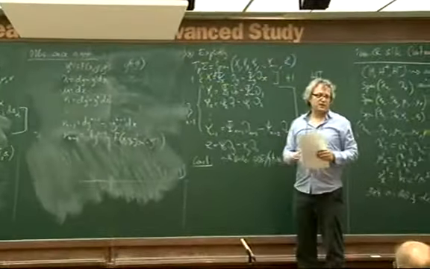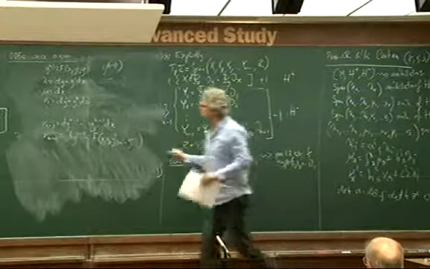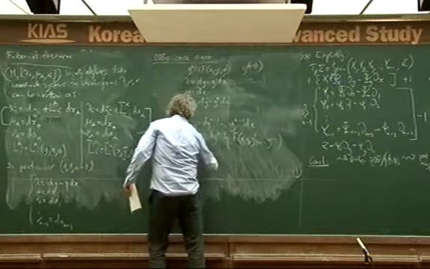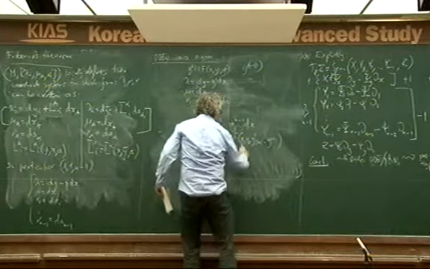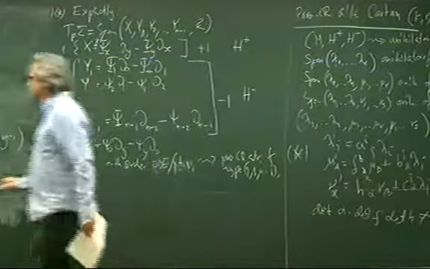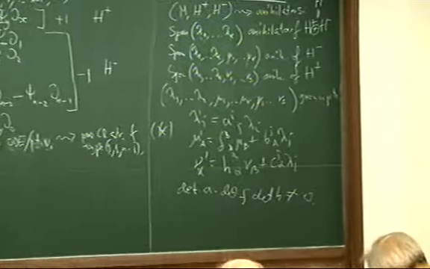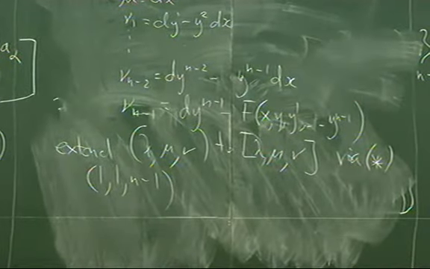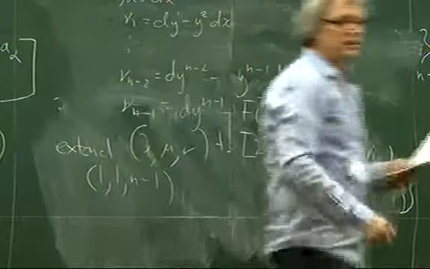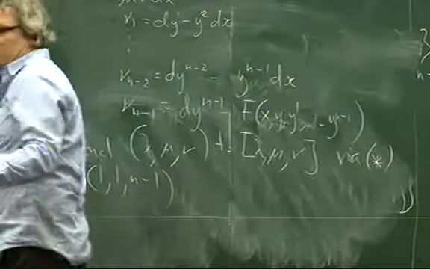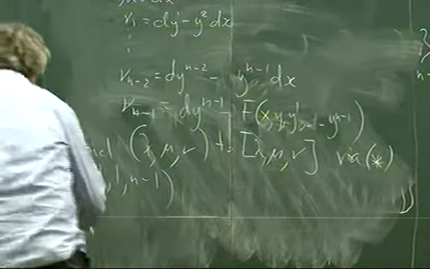So this defines, and now we extend lambda, mu, and nu to a class lambda, nu via this thing. And you will get a para-CR structure of type 1, 1, n minus 1, which I will call the canonical para-CR structure associated with an nth order ODE. Okay? So now the key question is Vicente's question.